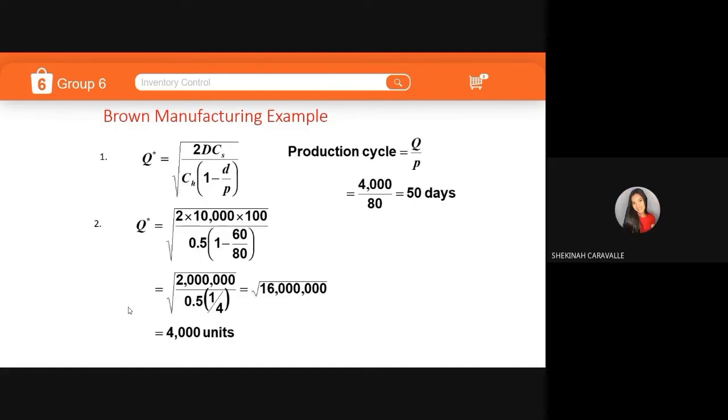Using the givens, let's substitute them into the formula. The production cycle is equal to quantity over small letter p, equals 4,000 over 80, equals 50 days.